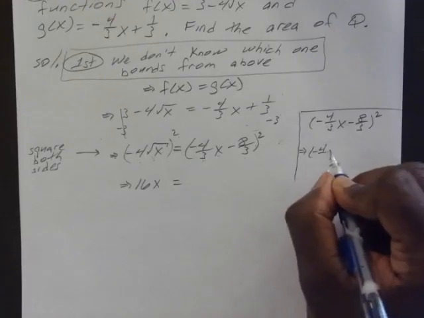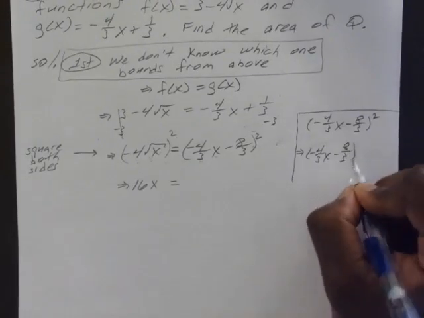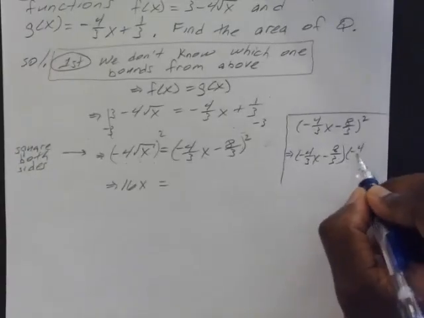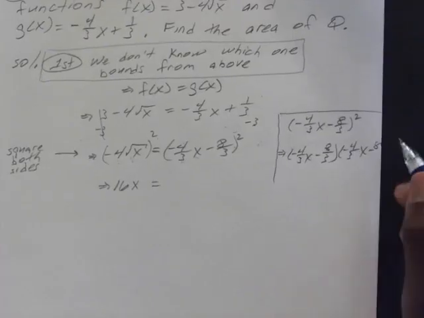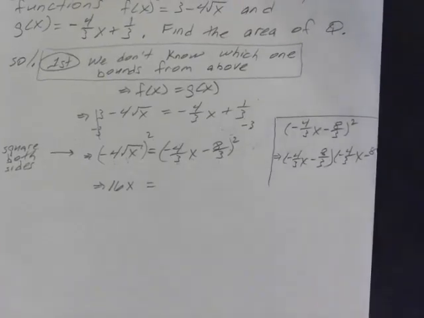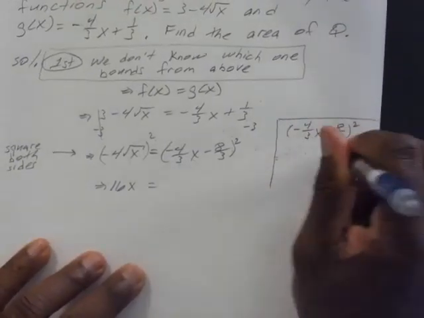That's just negative 4 over 3x minus 8 over 3 times negative 4 over 3x minus 8 over 3.